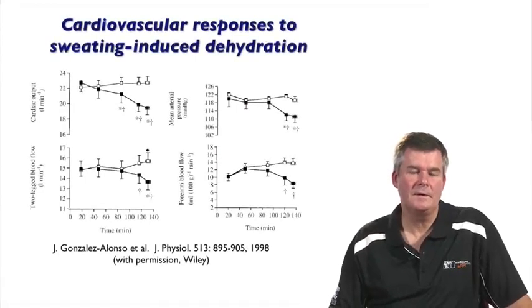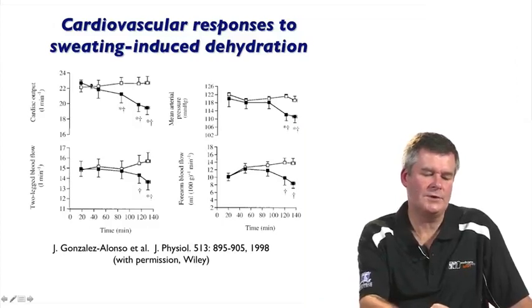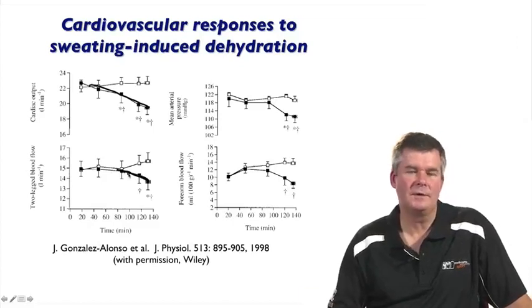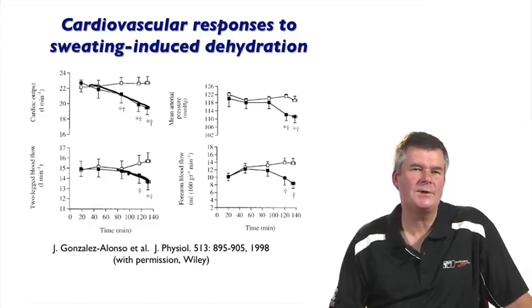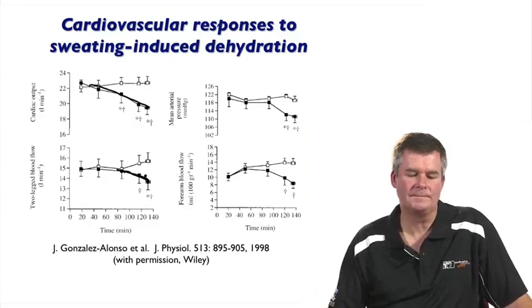You can see here then that over time the progressive loss of fluid from the body, including from the plasma space, is associated with a reduction in cardiac output. And you can see here a slight reduction in two-legged blood flow. It's really the combination of hyperthermia and dehydration during prolonged exercise that begins to challenge the muscle blood flow.